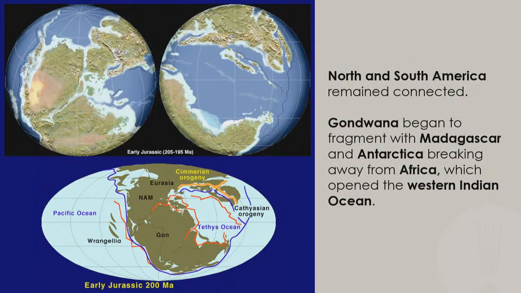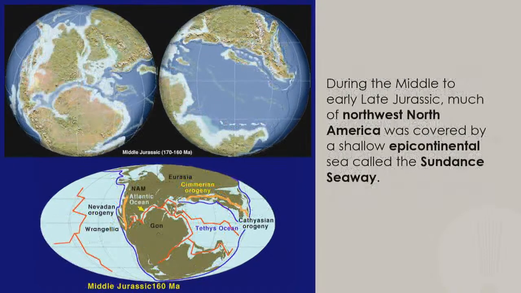North and South America are still connected at this time. Gondwana began to fragment, with Madagascar and Antarctica breaking away from Africa, which opened the western Indian Ocean. During the Middle and Late Jurassic, much of northwest North America was covered by a shallow epicontinental sea called the Sundance Seaway.